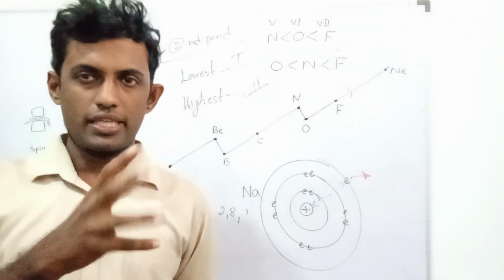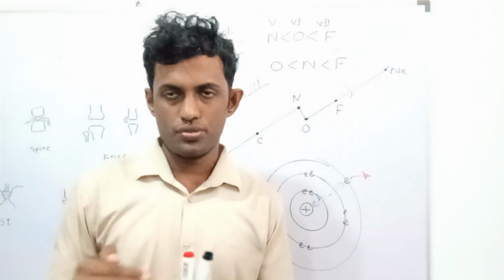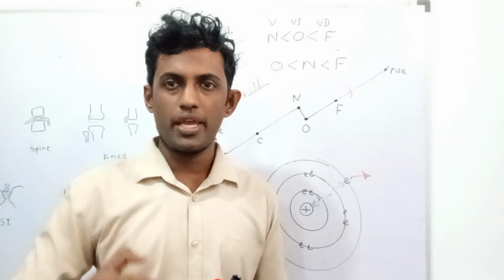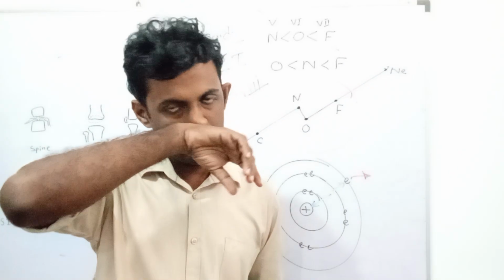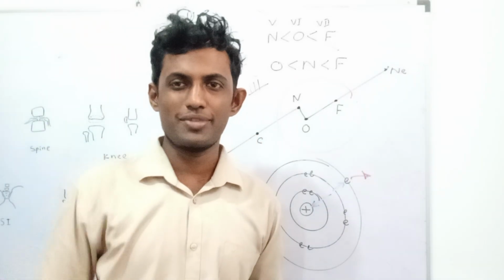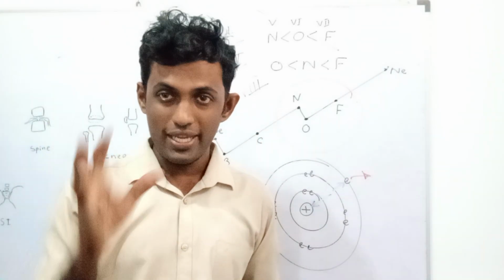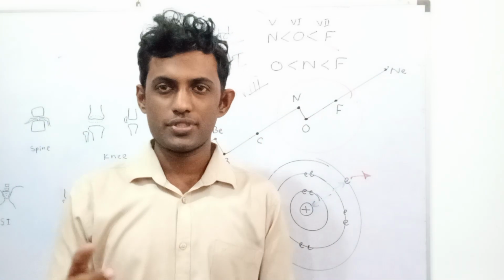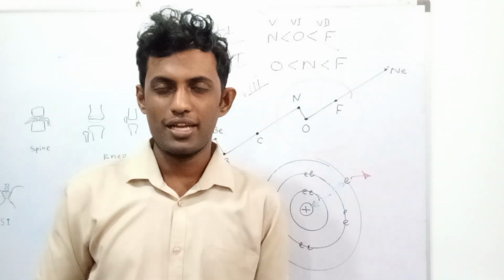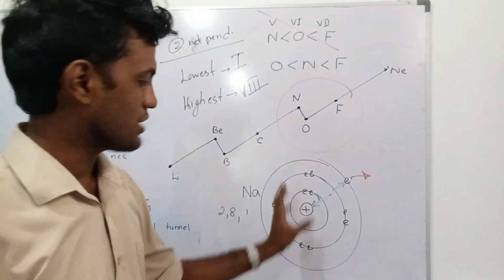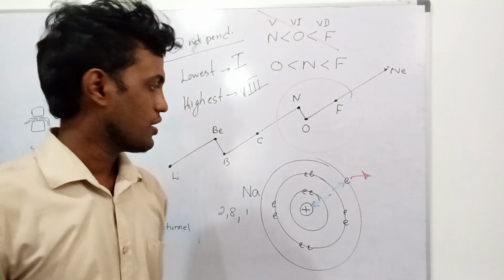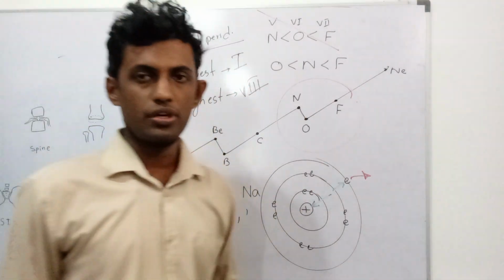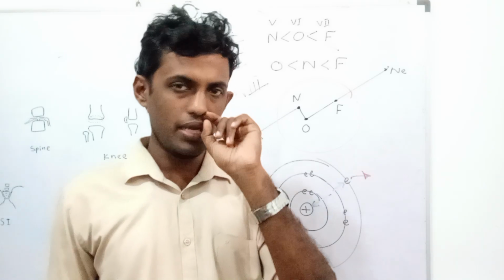Think like you are attached to some friend and your parents need to stop that friendship. Your parents need to give some force, otherwise they can't do that. Like that, electrons are attracted to the nucleus because plus and minus attract. So to remove this electron, we need to supply some energy.